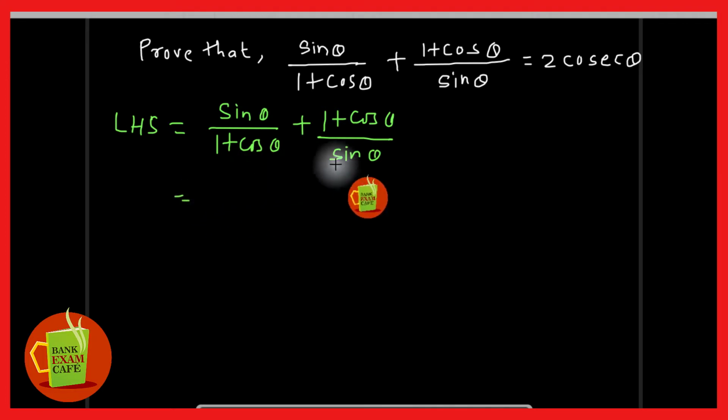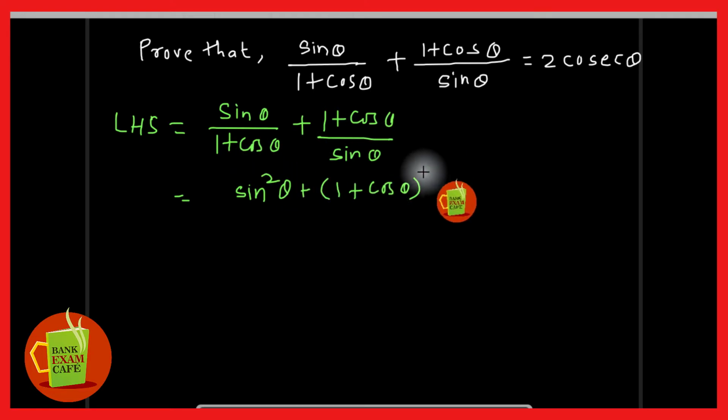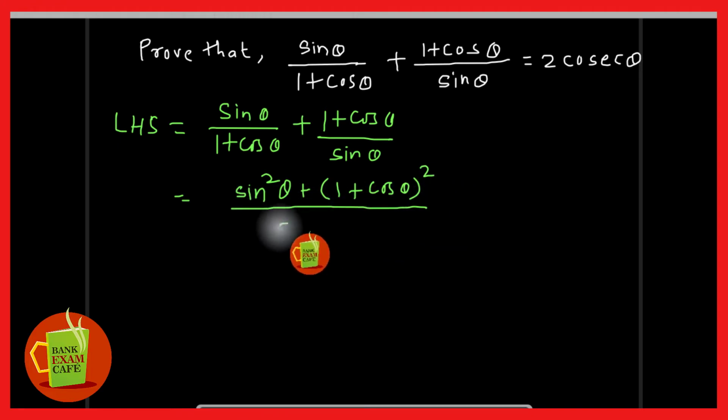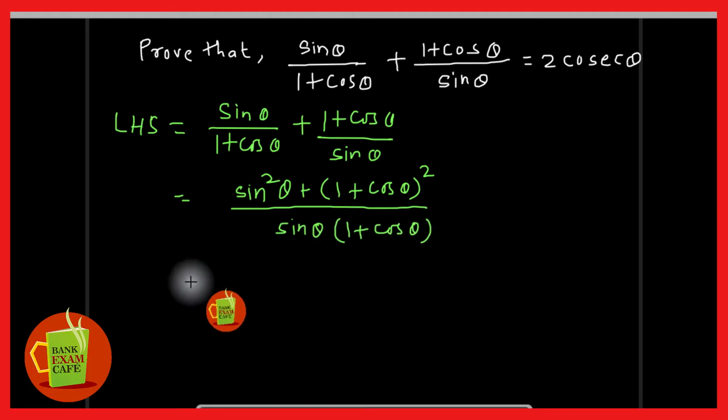So here we will take the LCM and multiply here by sin theta and here by 1 plus cos theta. So you will get sin square theta plus 1 plus cos theta into 1 plus cos theta, that is bracket square, upon sin theta into 1 plus cos theta.